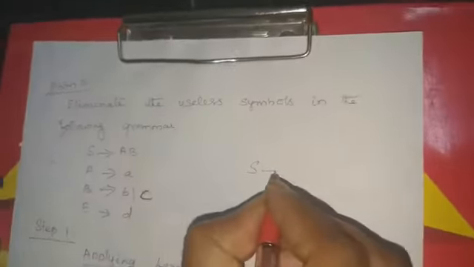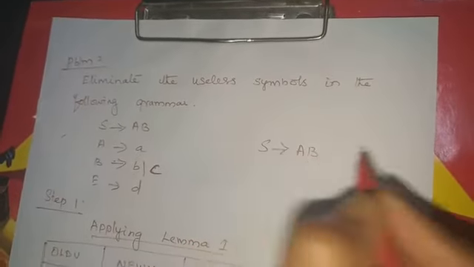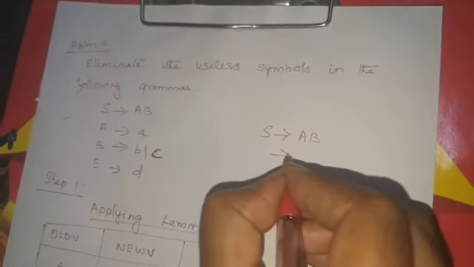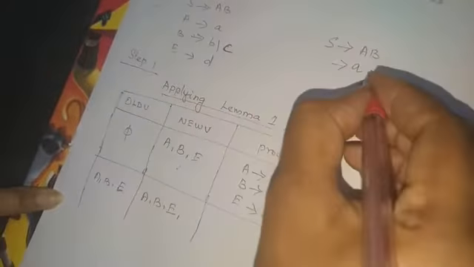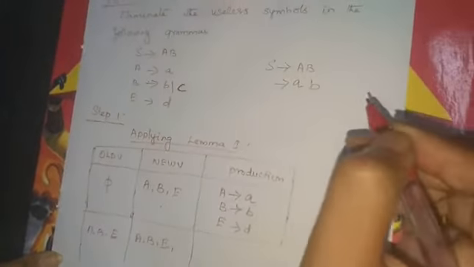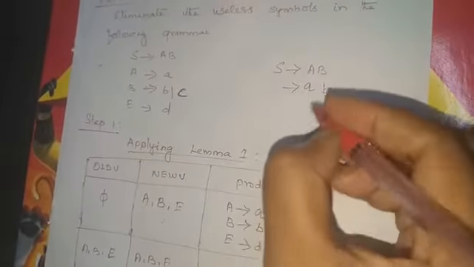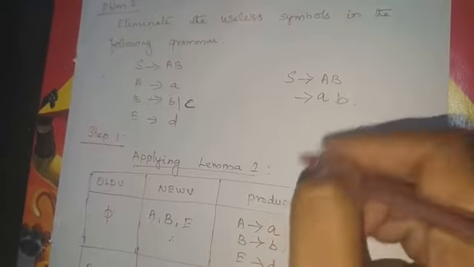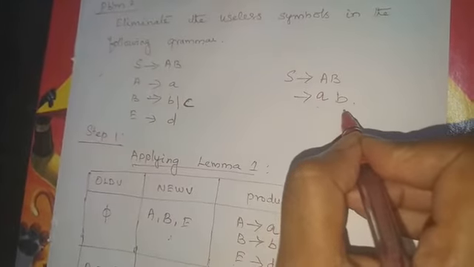Take the example: first consider the production S implies AB. For A, what production do I have? A implies a, so I am substituting a. For B, what production do I have? B implies b, so I am substituting b. By applying these productions, I am able to get a terminal string.